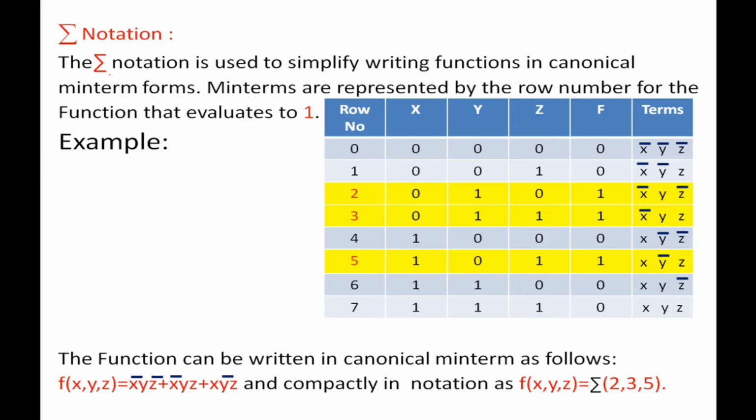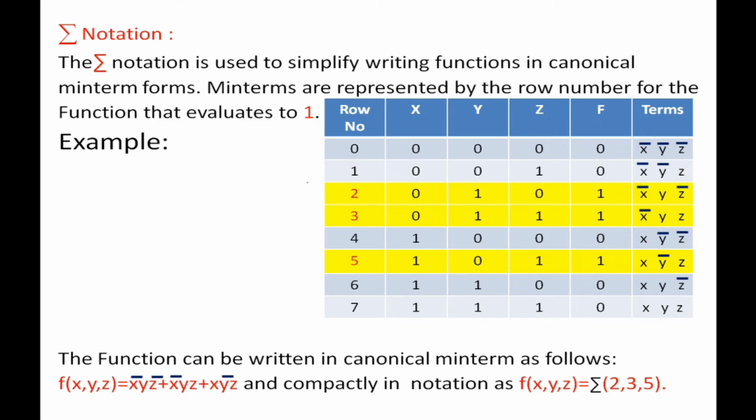Remember that whenever we look at a Boolean function with a summation symbol, we should take it as min terms. Min terms are represented by the row numbers for which the function evaluates to 1, as you have seen in the previous example. This is how we simplify writing functions.